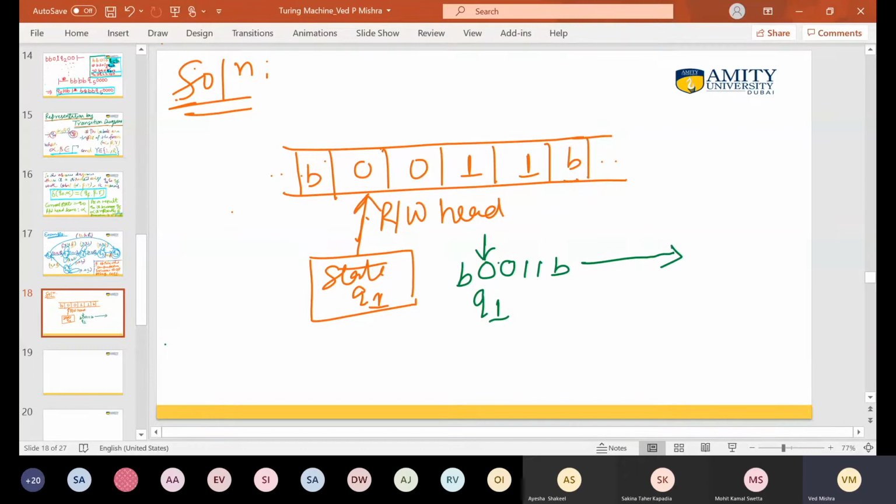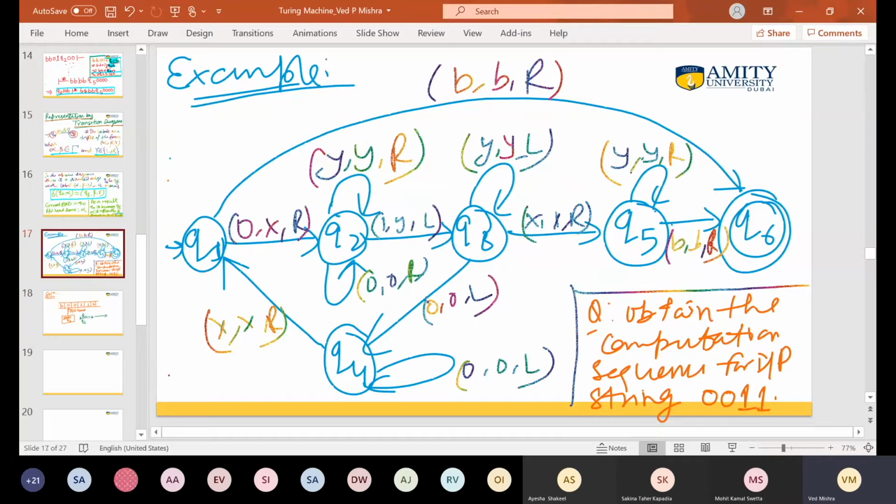So Q1 with 0. Which label do you have to follow here? Check from the diagram and let me know. With 0 input, where are you going? Q2. And which label are you following? 0XR.